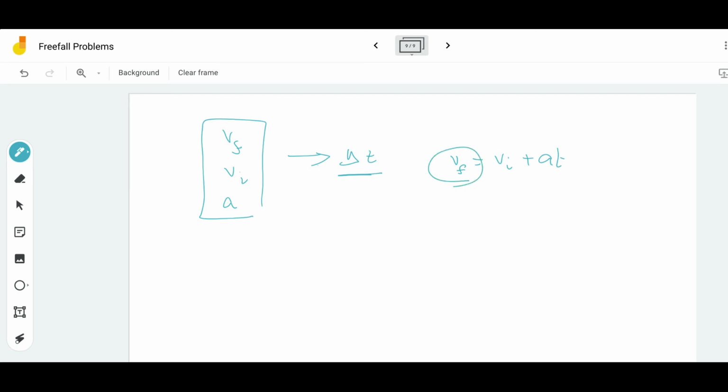Even without finding Vf, if you were to use the second equation, you could find out what delta t is by just substituting the numbers in there, which was Vi delta t plus half a delta t squared, right? So you could have found out everything from there as well.